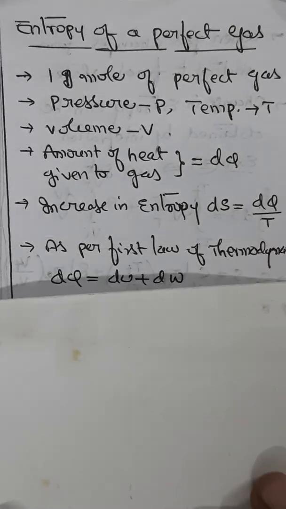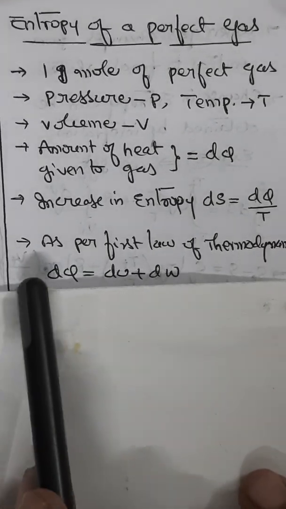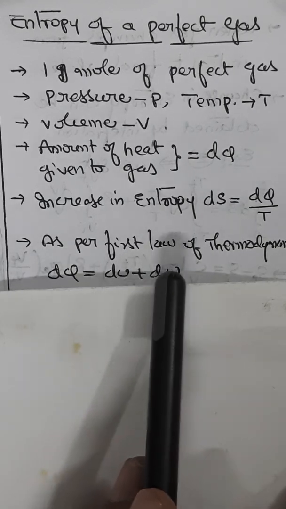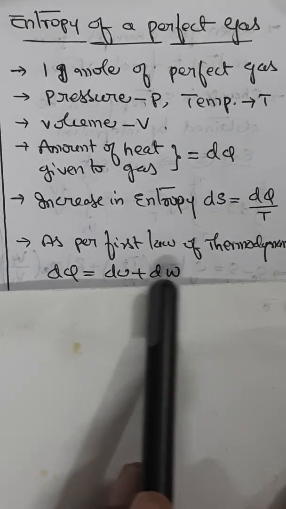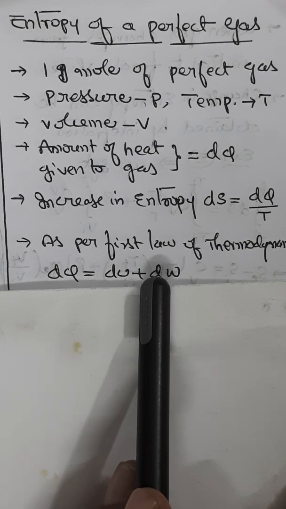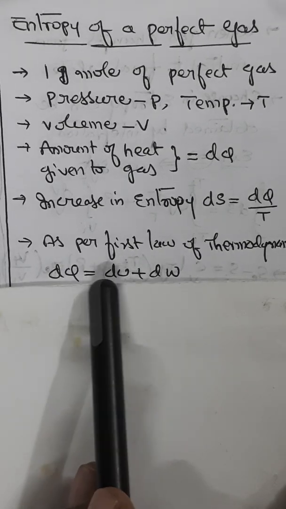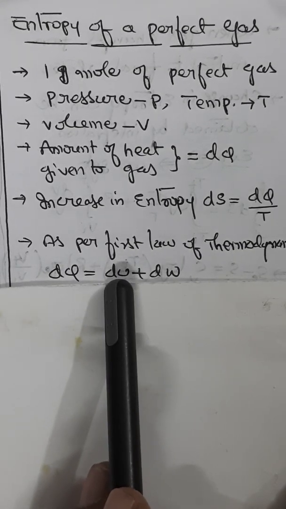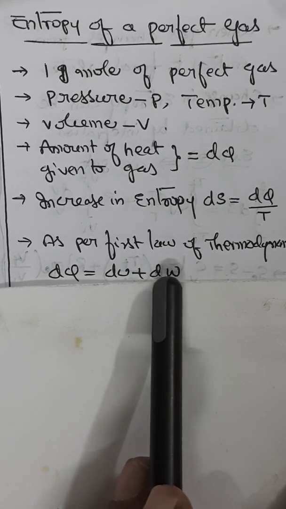But by the first law of thermodynamics, you have the equation dq equal to dU plus dW, where dW is nothing but PdV. Here dU is the increase in the internal energy of the gas, and dW is the external work done.